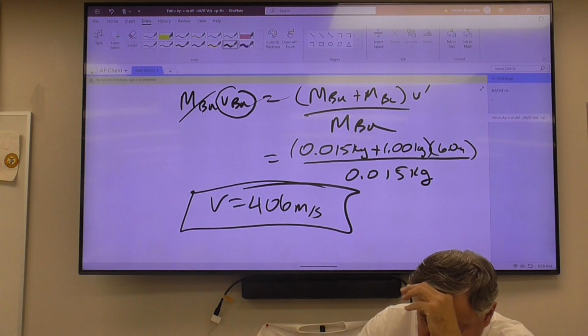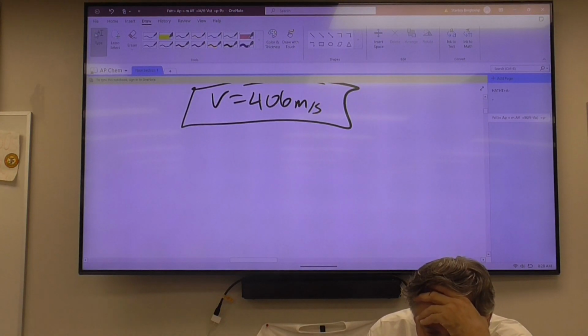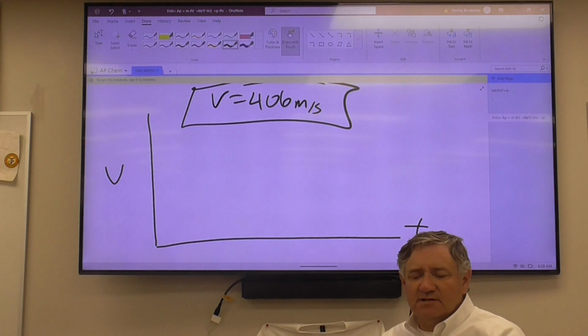All right, now that we have a bunch of numbers, I'm going to change this system up. So now I'm going to draw a velocity-time graph.